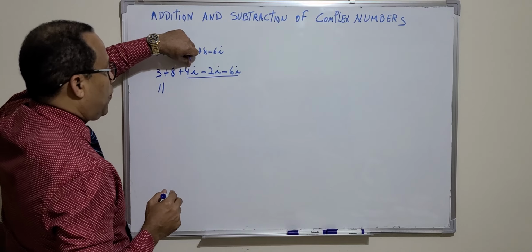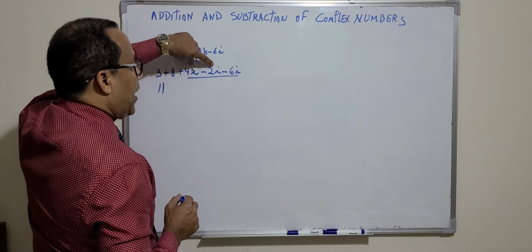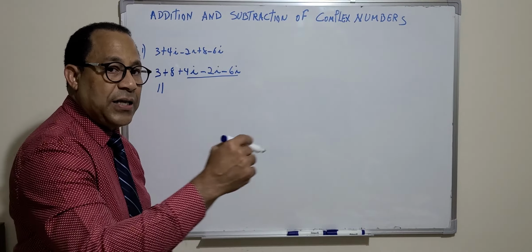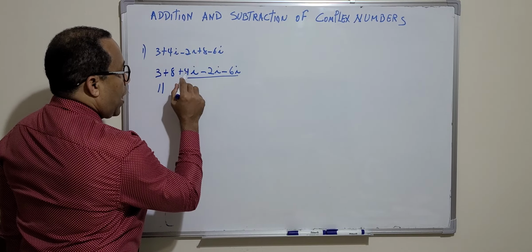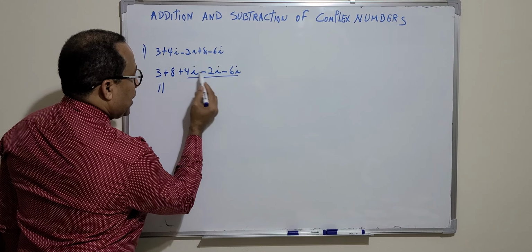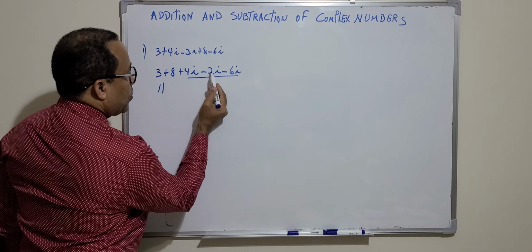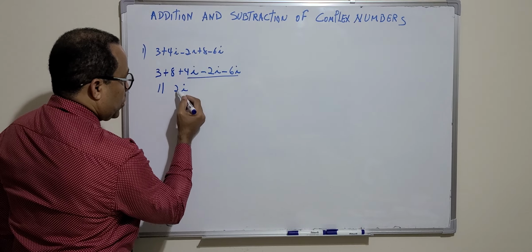4i minus 2i is 2i. 2i minus 6i is negative 4i. Let's do this step by step. Let me solve these two terms first. 4i minus 2i, I subtract the numbers and I copy the sign of the greatest. When I subtract 4i minus 2i, I get 2i because 4 minus 2 is 2.